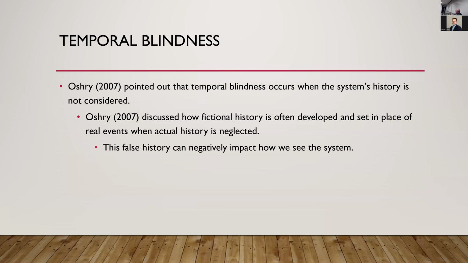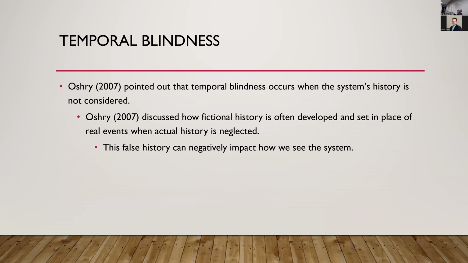Now there's temporal blindness, and temporal blindness occurs when the system's history is not considered. Every system has got a story. Now, if that story is fictional, it is contrived, it's developed, and is put in place of real events if we neglect the reality of that system. As a matter of fact, it changes how we view that system.